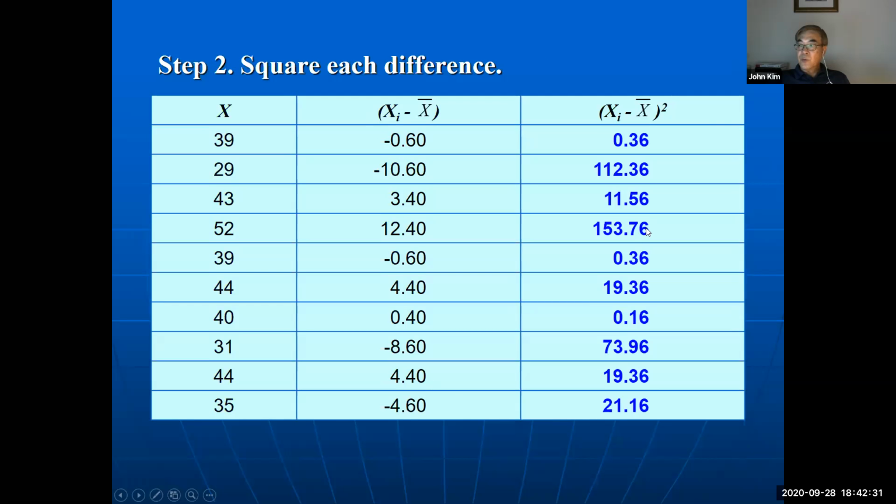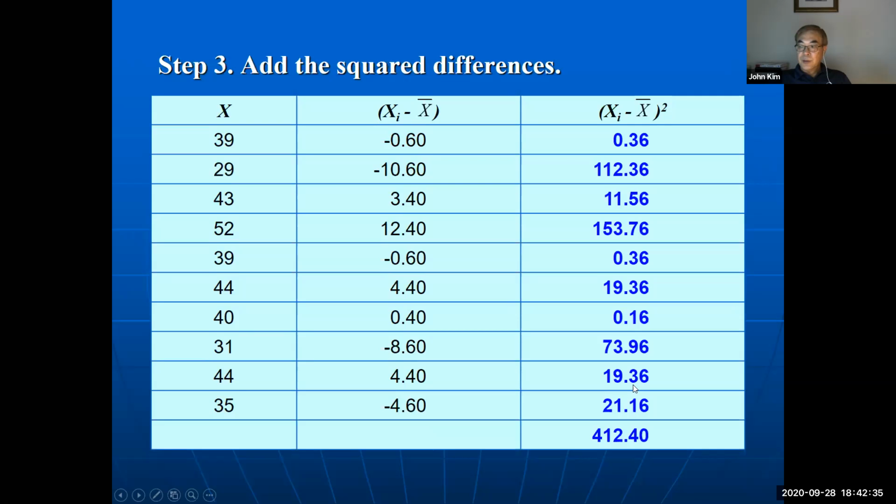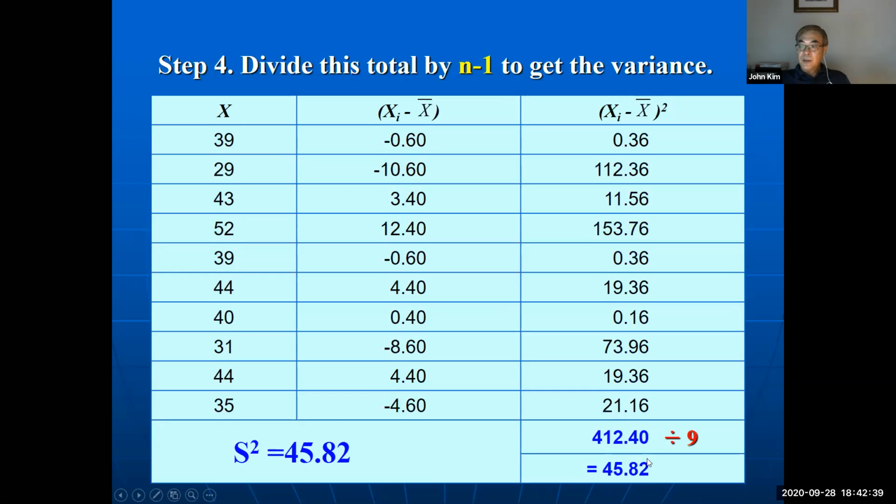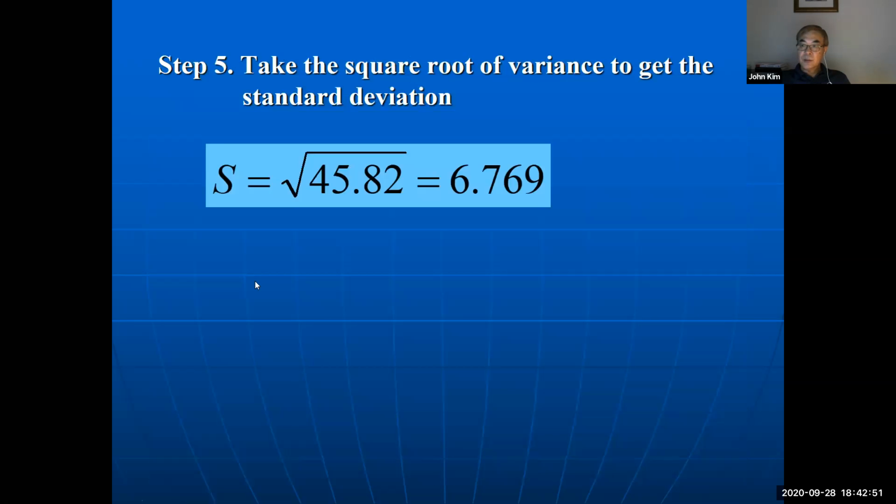Then we square and add all, divided by n minus 1. N is 10, so minus 1 is 9. So this is the sample variance. Then take the square root, that is the sample standard deviation.